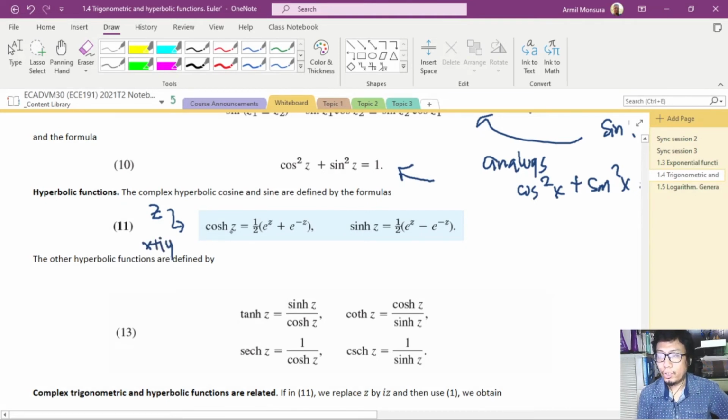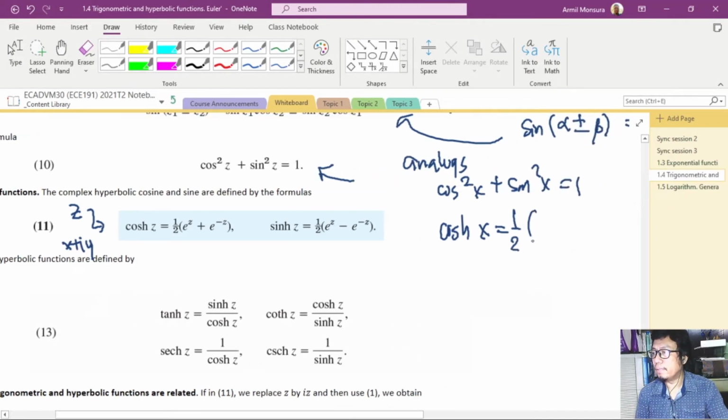So the hyperbolic cosine of z equals 1/2 of e raised to z plus e raised to negative z. The real number formula for that is hyperbolic cosine of x equals 1/2 times e raised to x plus e raised to negative x.